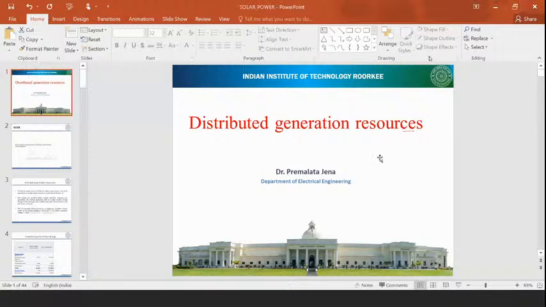In this context, further we also have electric vehicles. If somebody asks me what the components are, I do agree that the renewable sources and the storages are the major components. But if you go deeper, the electric vehicle definitely comes in as one more important component of the smart grid.